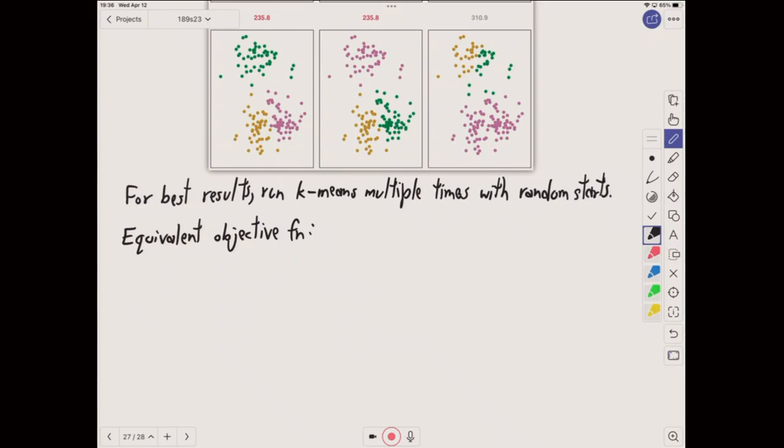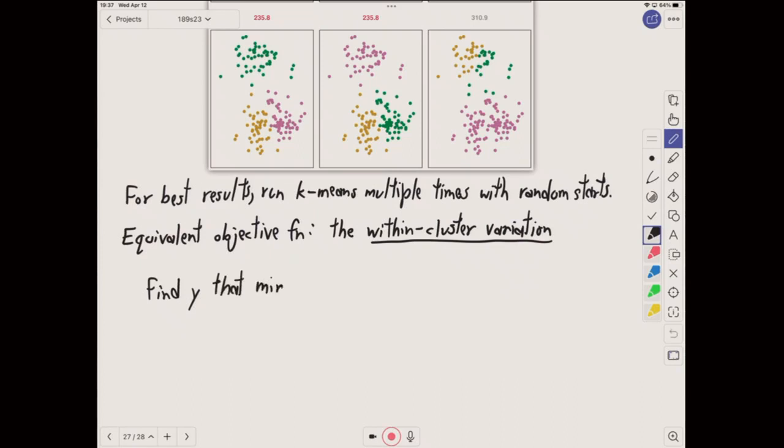This is an objective function that's purely specified in terms of the input points and the cluster assignments. It's called the within cluster variation. And so here the objective is to find an assignment of points to clusters, a label vector y, that minimizes this following formula.